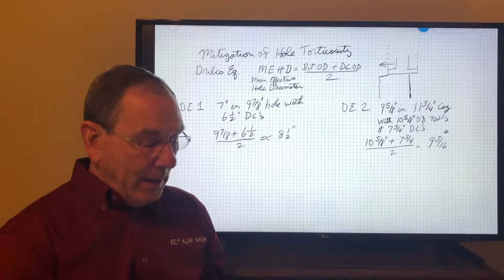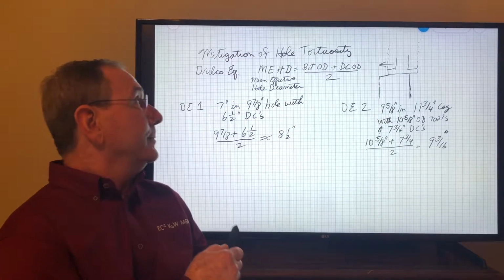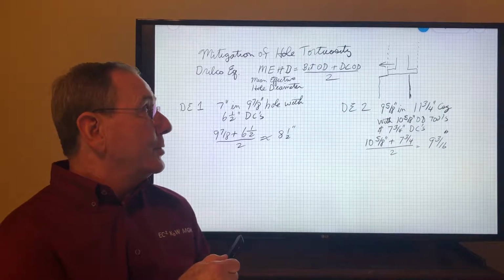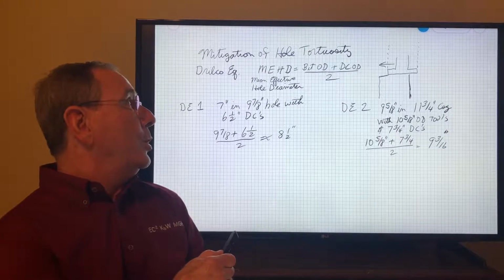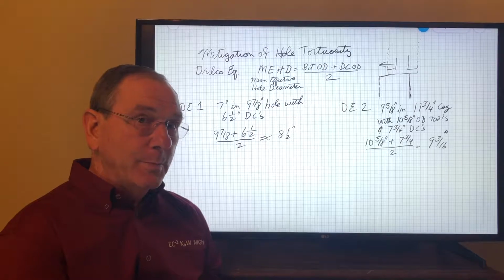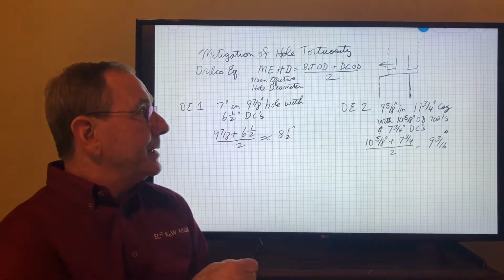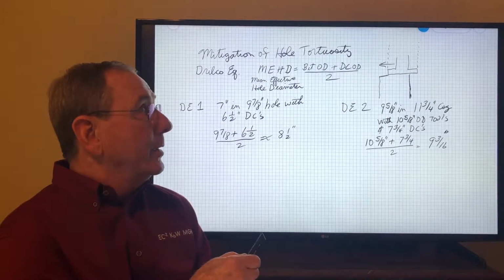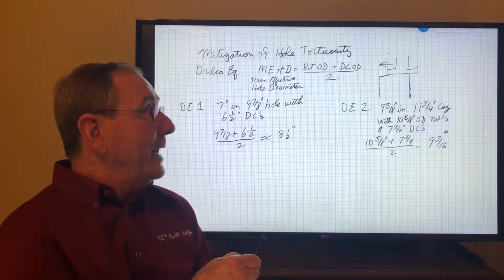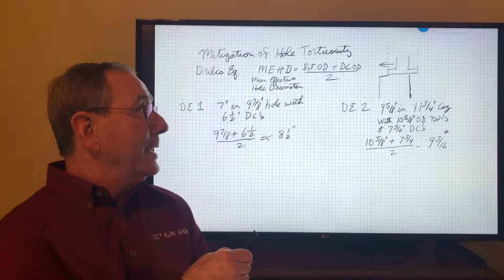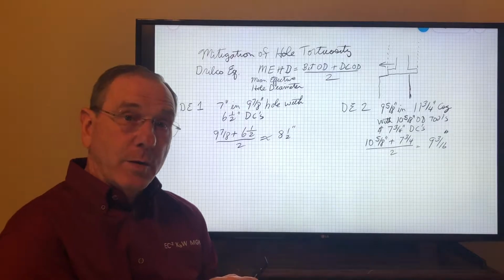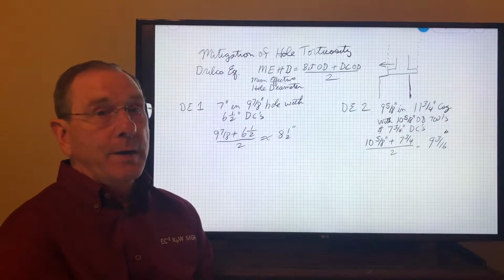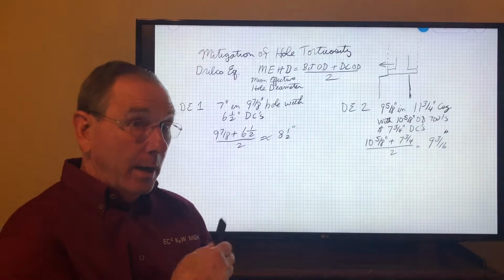Mean effective hole diameter is equal to the bit OD plus the drill collar OD divided by 2. What this means from a practical sense is that the bit can move over until there's something to prevent it from moving over anymore, which in this case, on this drawing, is the drill collar. So that bit can actually move over until the drill collar hits the side of the borehole, unless there's something else to prevent it.